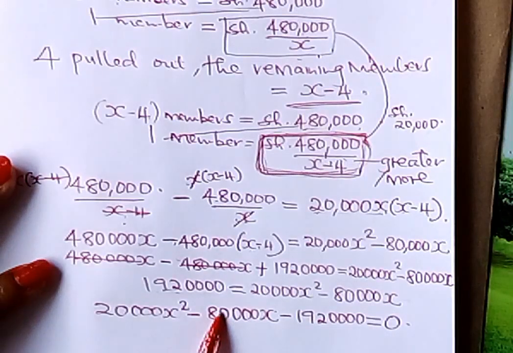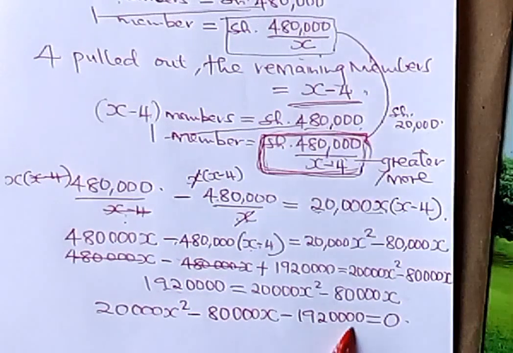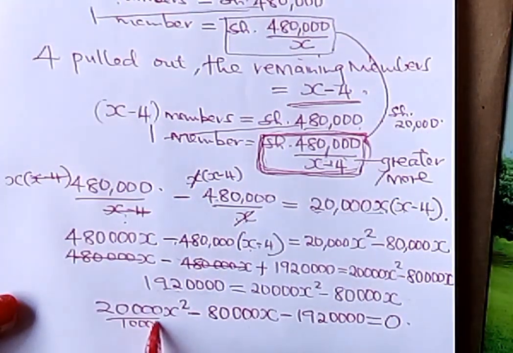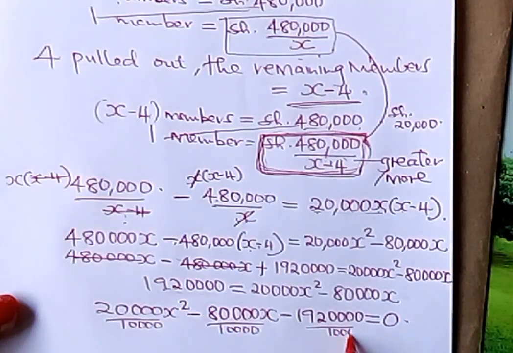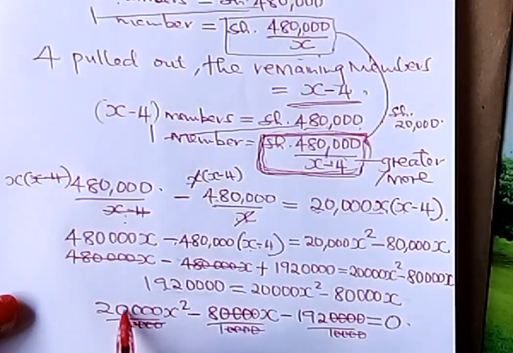So there we are. These numbers are very big in this quadratic equation. Make them smaller, maybe by dividing by 10,000 there. So that will go, that will go, that will go.